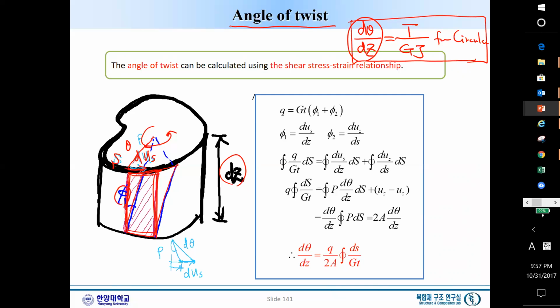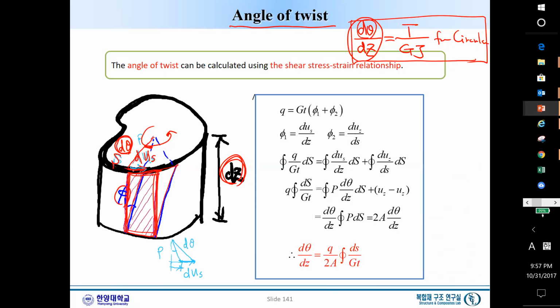Theta here is over the delta z, how much angle we twist. So this is the angle we twist, delta theta. What we would like to derive is how much this delta theta is over this delta z in this thin wall shaft.